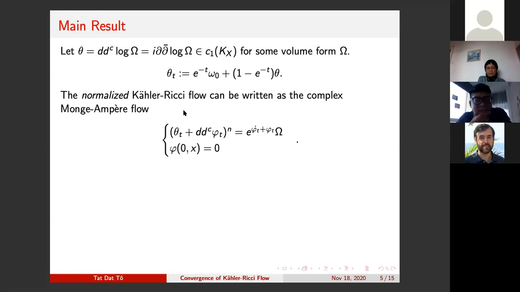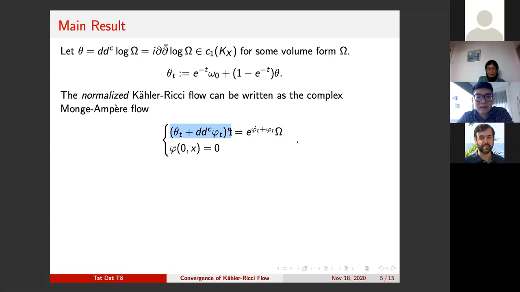From this setting, using the ddc lemma for a compact Kähler manifold, we can see that the normalized Kähler-Ricci flow can be written as a complex Monge-Ampère parabolic equation, or I write here as a complex Monge-Ampère flow: (theta_t plus i partial partial-bar of phi_t) to the power n equals e to the power of the derivative of phi_t with respect to t plus phi_t, times the volume form.